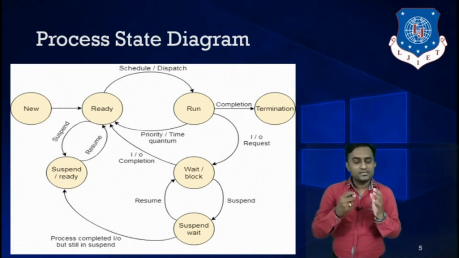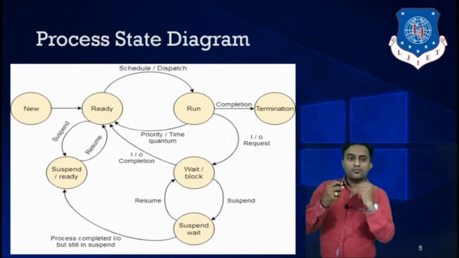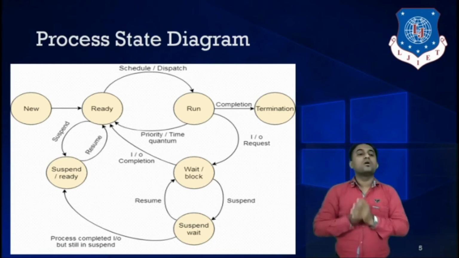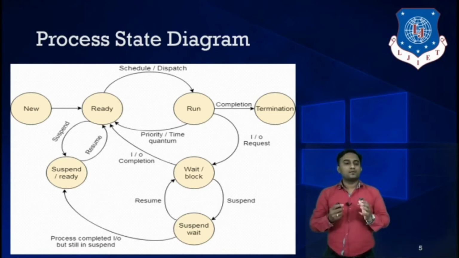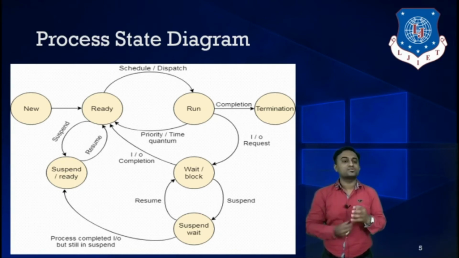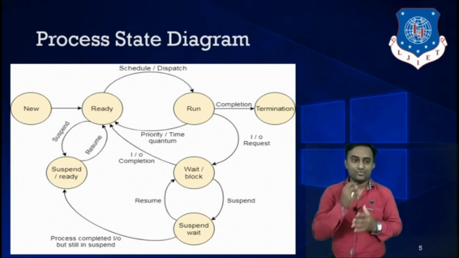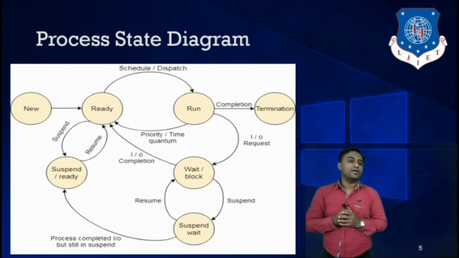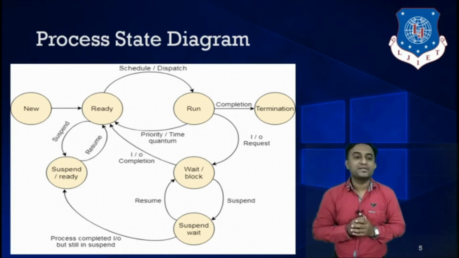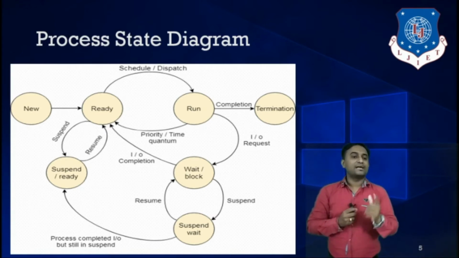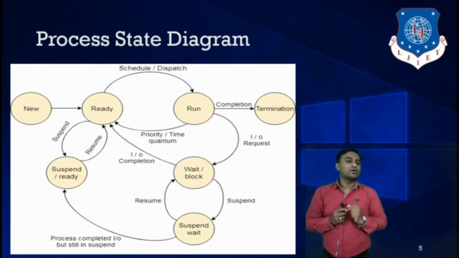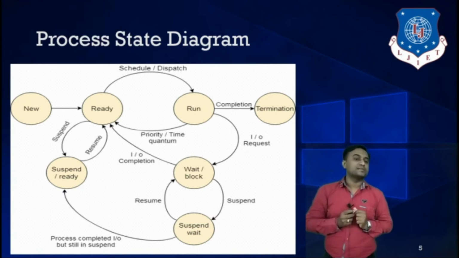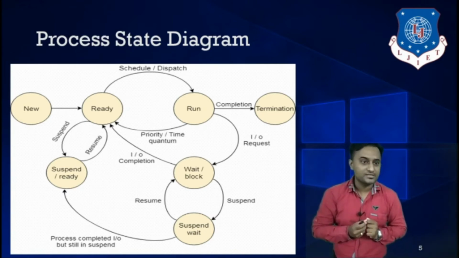Whenever a process enters the running state, the CPU is already assigned to that process, and the process starts its execution. Once it completes its execution, it goes to the terminated state, which I have shown with the transition between the running state and the termination state.